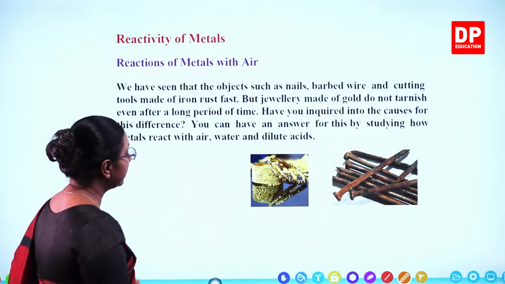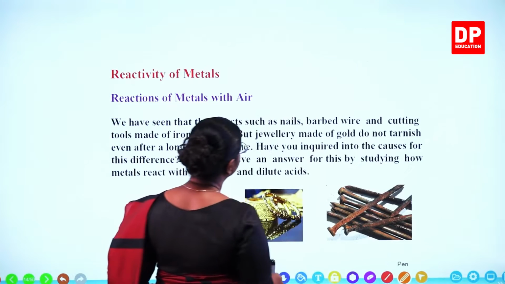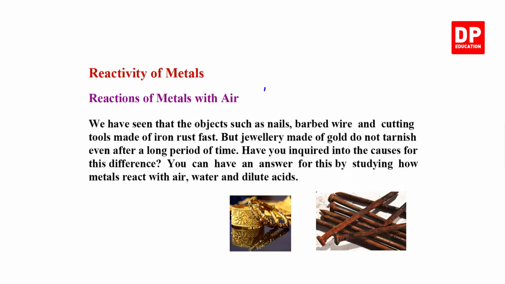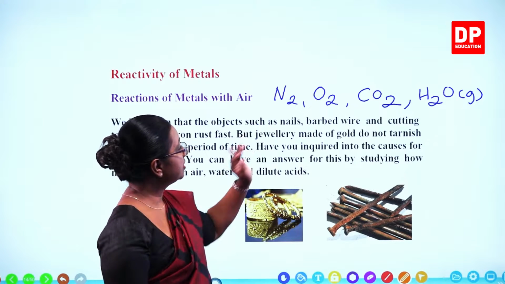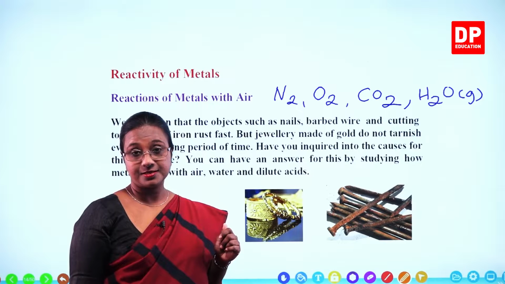So when we say air, students, what are the components of air? You all know that there is nitrogen, then there is oxygen, there can be a small amount of carbon dioxide, there is water vapor, and there are some noble gases. So nitrogen, oxygen, carbon dioxide, water vapor and noble gases.